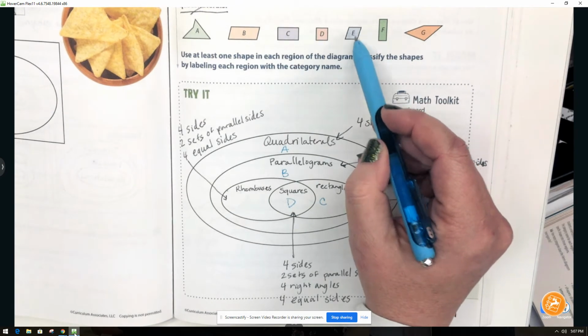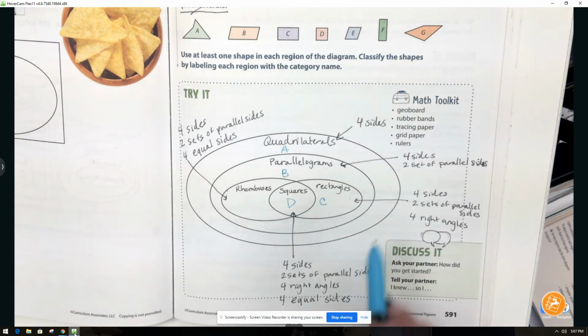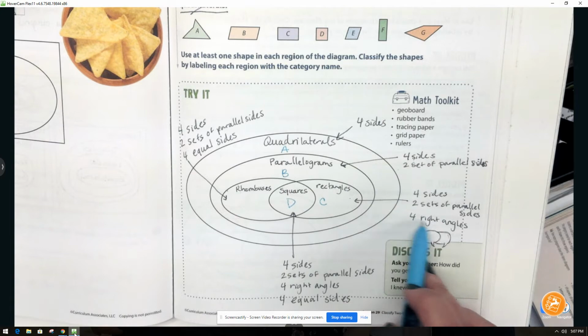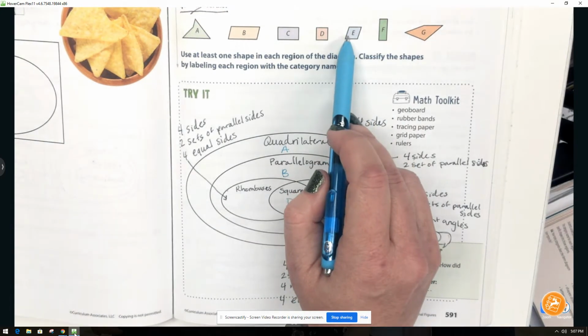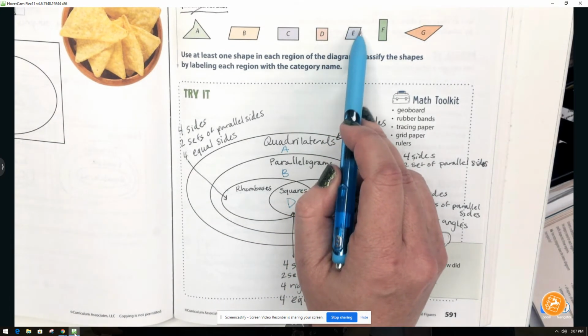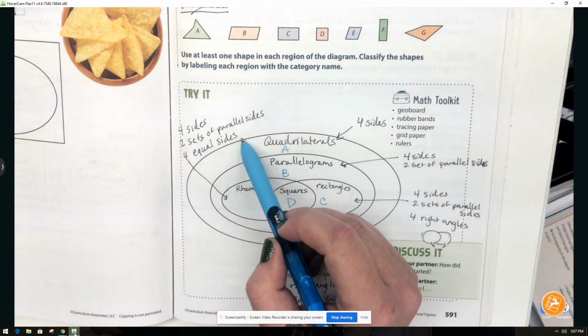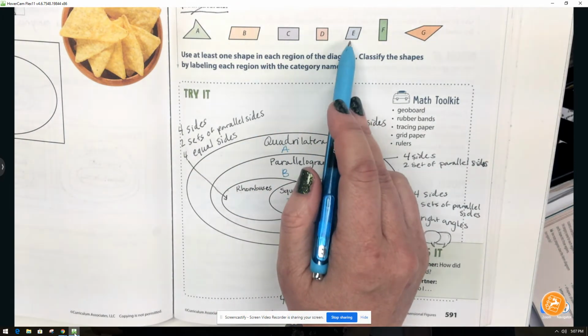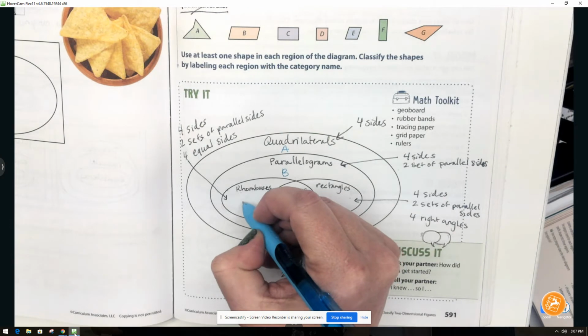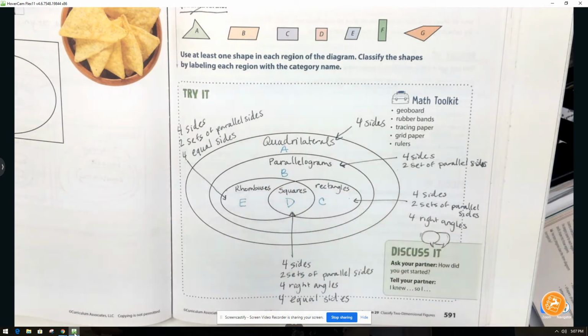Yes, this side is parallel and these sides are parallel. Does it have 4 right angles? Nope, no right angles. Does it have 4 equal sides? Yes, it does. So since it has 4 equal sides, shape E is a rhombus.